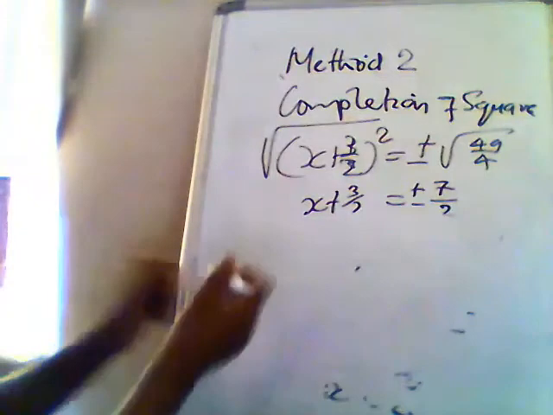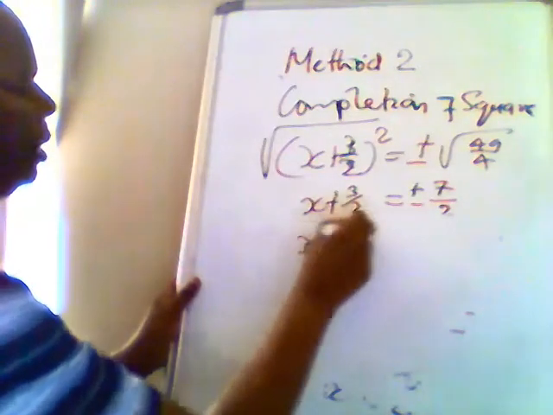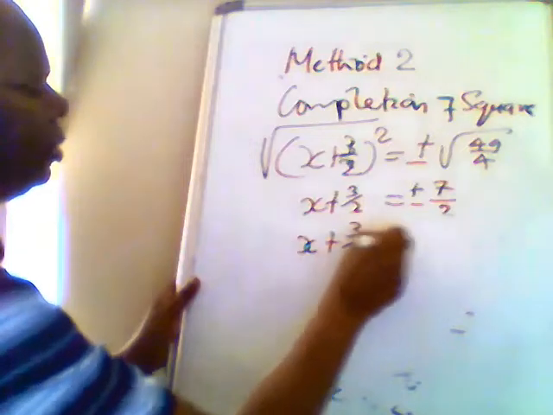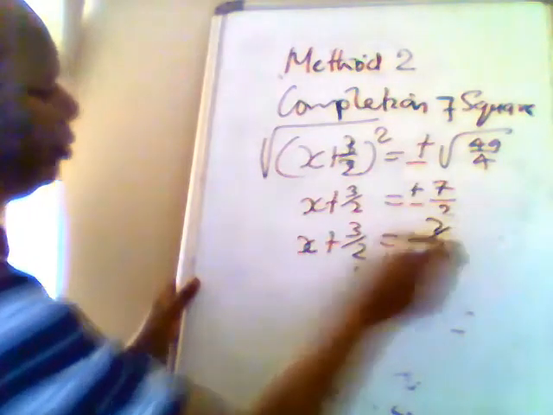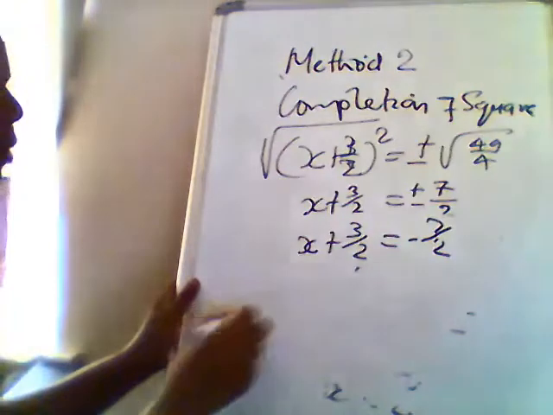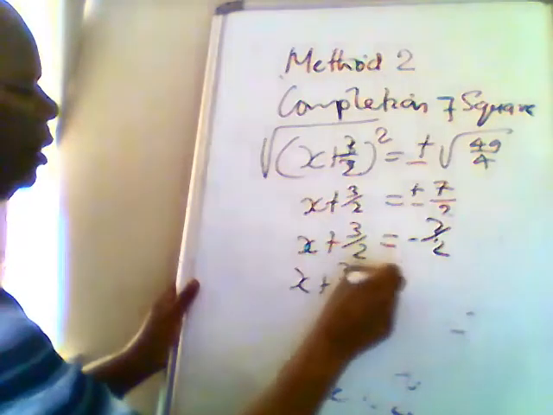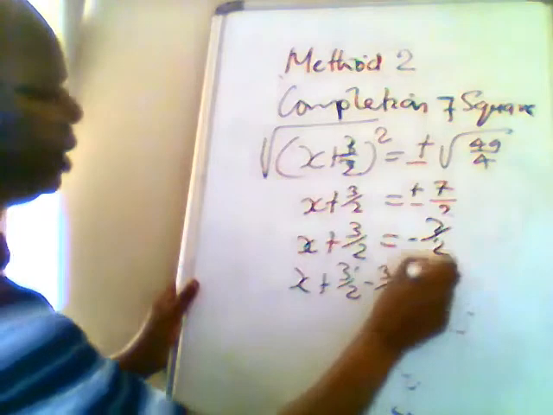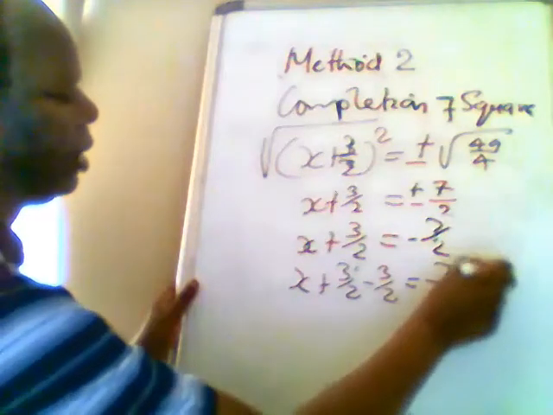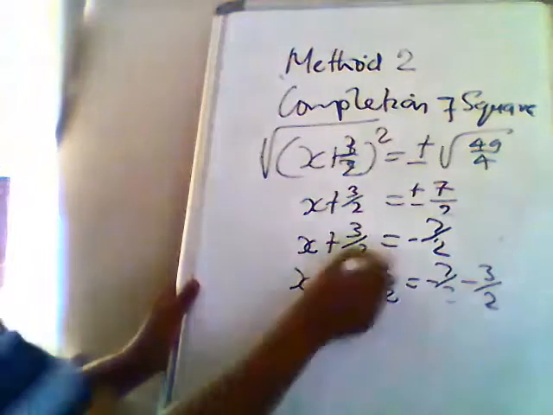So what do we have? We have x plus 3 over 2 equals minus 7 over 2, and we're going to subtract 3 over 2. So x plus 3 over 2 minus 3 over 2 equals minus 7 over 2 minus 3 over 2. This one cancels.